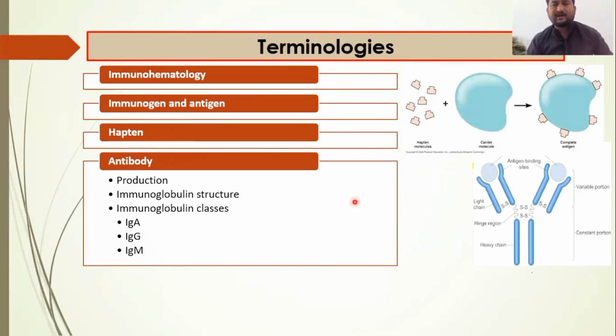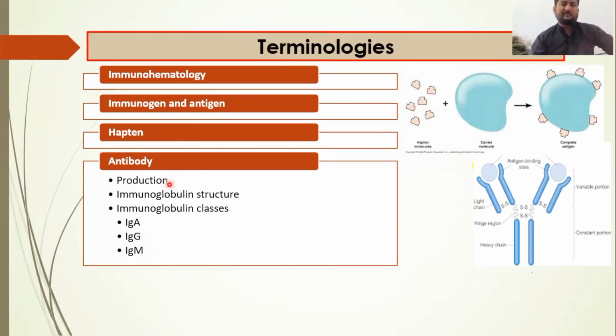Approximately 82 to 96% of antibodies are polypeptides, that is, our antibodies are protein in nature and made up of polypeptides up to 82 to 96%, and the remaining 4 to 18% of antibodies are carbohydrate in nature.